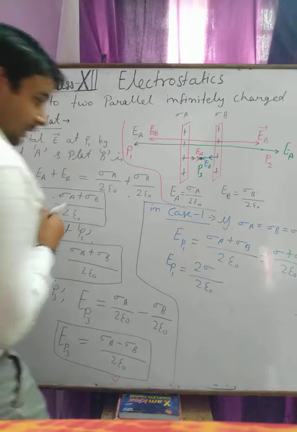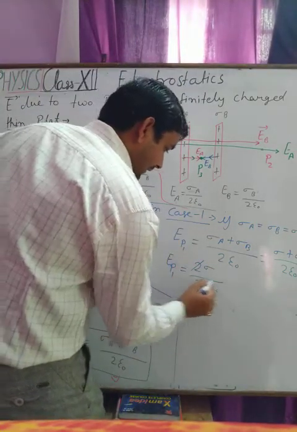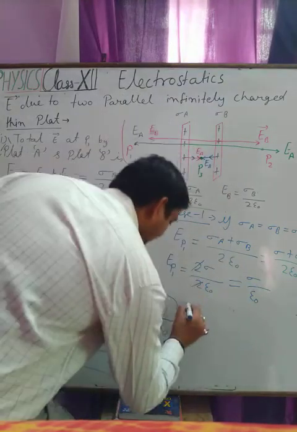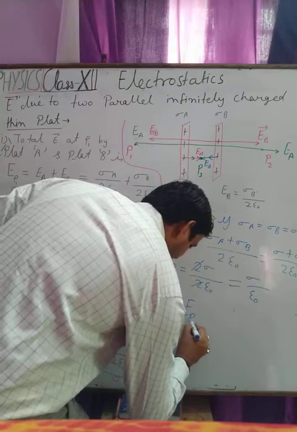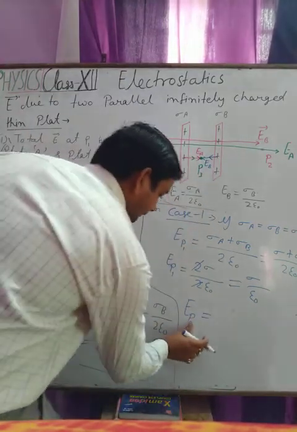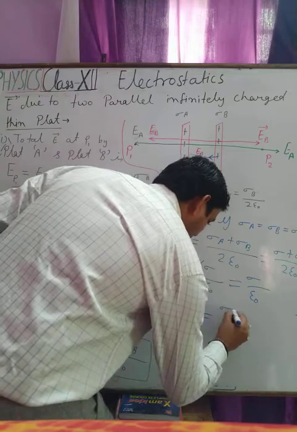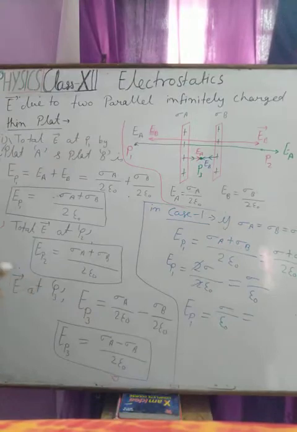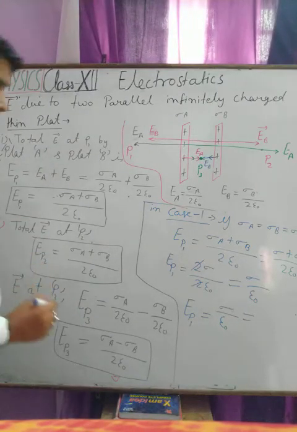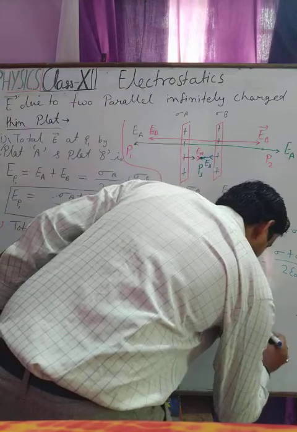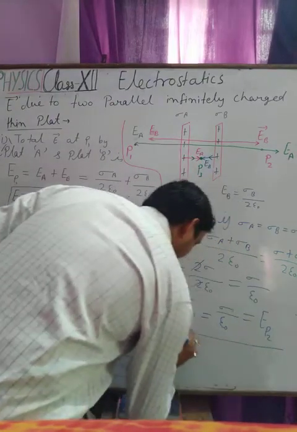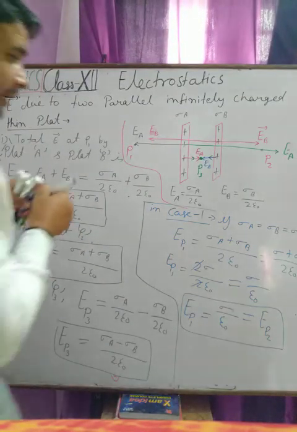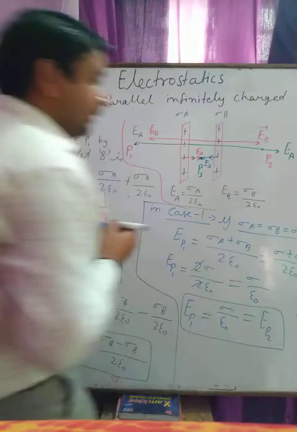Okay, so these two cancel, we are getting the result sigma upon epsilon naught. Therefore we have the value EP1 is equal to sigma upon epsilon naught, and this is also equal to the value of EP2. So this value is also for E1 and E2. Remember the case, student, these are equal values.